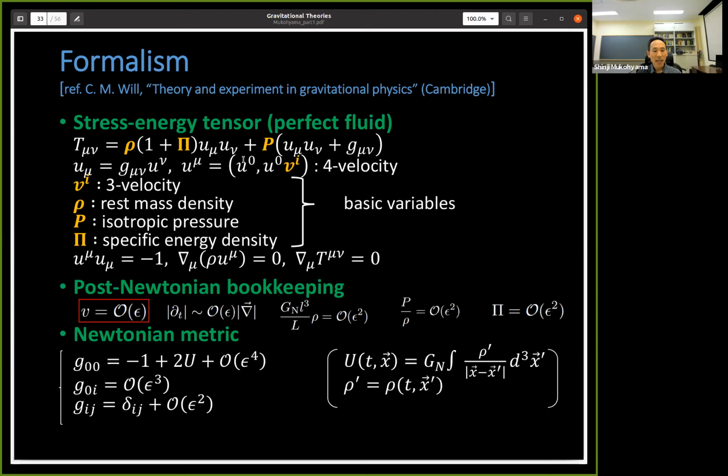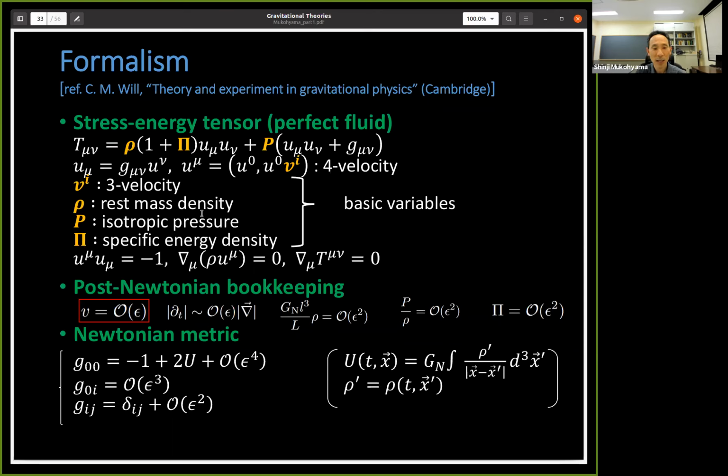This U^0 is determined by the normalization condition: U^μ is supposed to have unit norm. For rho, the rest mass density, I divided the total energy density into rest mass energy density plus specific energy density.